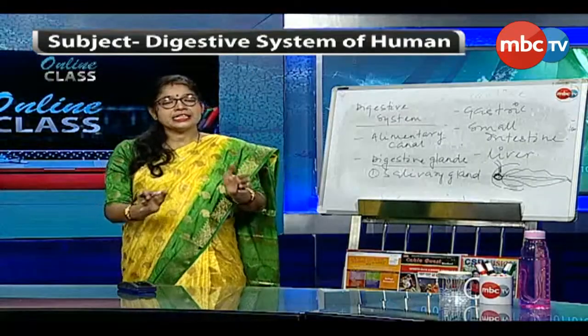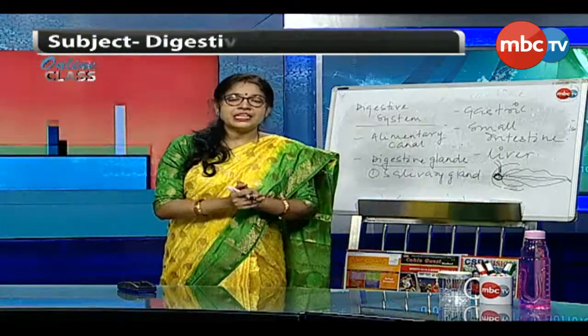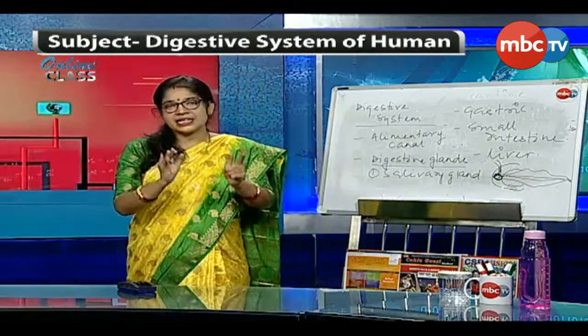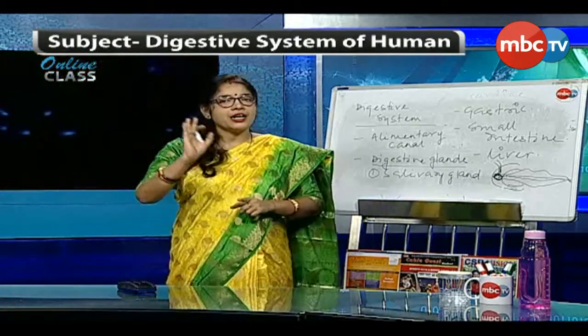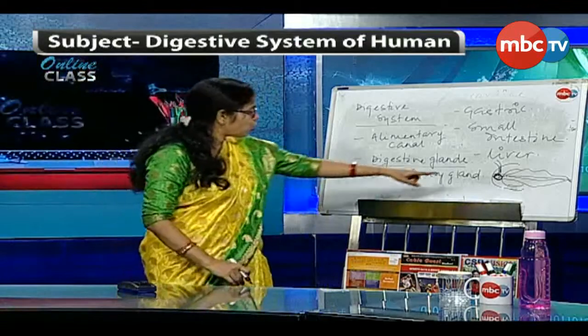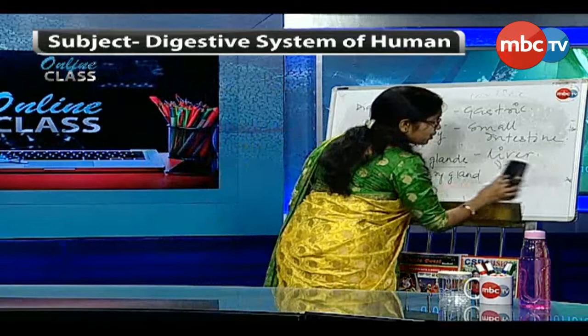Hepatic means liver, pancreatic means pancreas, so the hepatopancreatic duct has the ability to carry the secretions of both liver and pancreas that will open near the duodenum. So, this is about the liver.